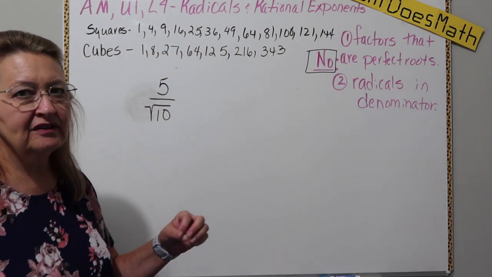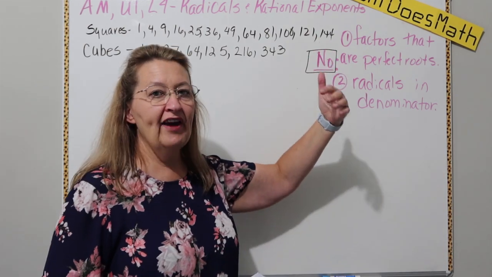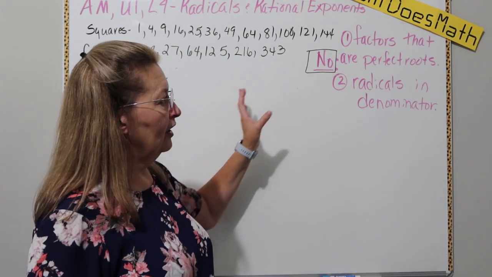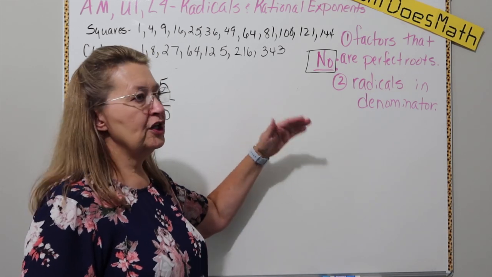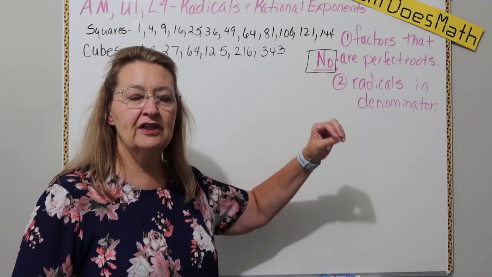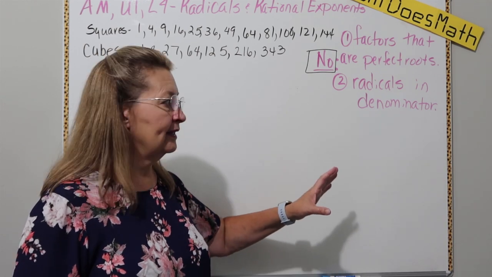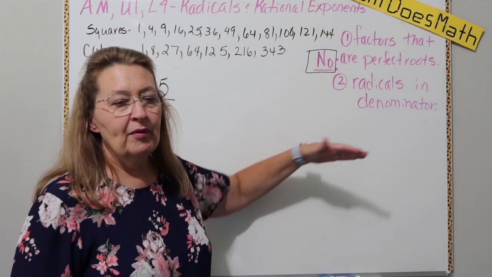Okay, before we look at number 20, let's talk about what it means for a radical to be in simplest form. The thing we've been talking about is that you cannot have any factors under there that are perfect roots. If you've got a square root, you can't have any perfect square factors. If you've got a cube root, you can't have any perfect third or cubic factors of the radicand. There's also another thing: radicals in the denominator.